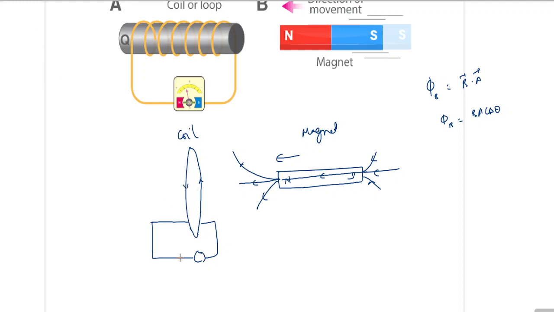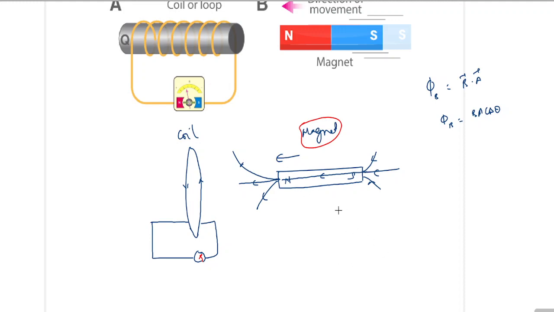So the galvanometer will show deflection in one direction, say like this. The faster it moves, the more the current increases. Suppose at some point the magnet is stopped, then current drops to 0.